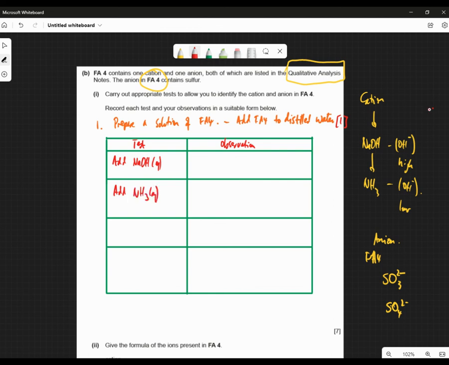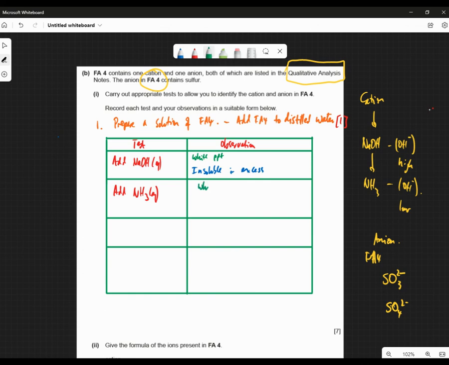So that's that. Now, what you should have got for the first one, you get a white precipitate. Now, in A level, you've got to add to excess without being told to. And what you should have found there is adding to excess, you get insoluble in excess. All right, ammonia, when I added the ammonia, what did I get?